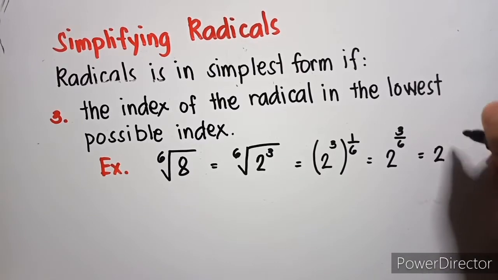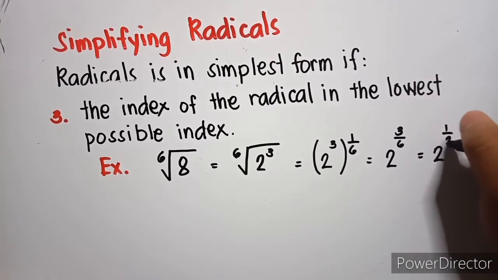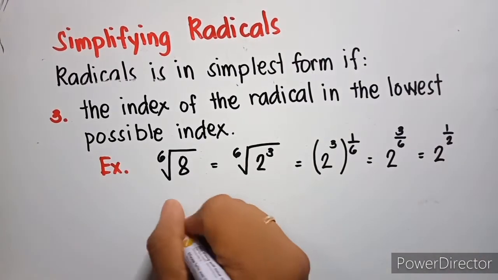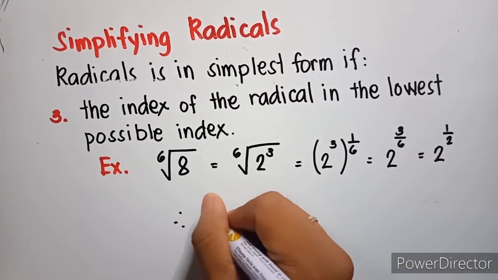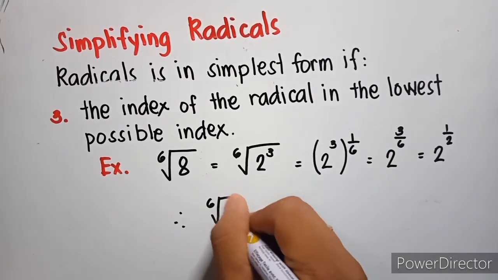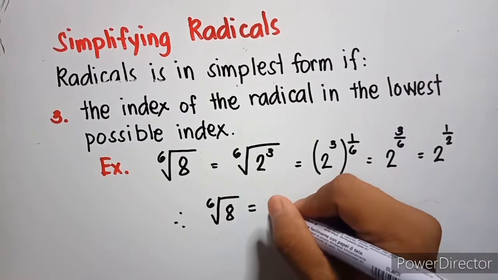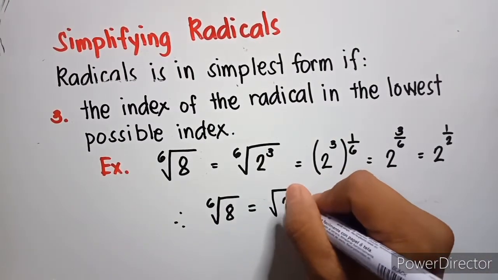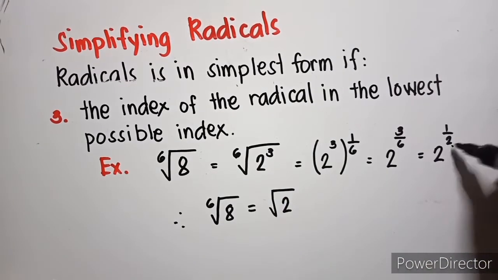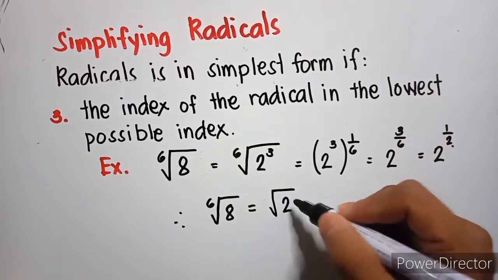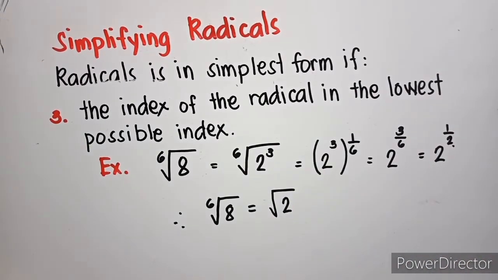So, 2 raised to 1/2. Therefore, ang 6th root of 8 ay equal sa simplified form na square root of 2. Kasi 2 is the denominator, so this will become the index of the radical and 1 is the exponent inside. So, 6th root of 8 is equal to square root of 2.